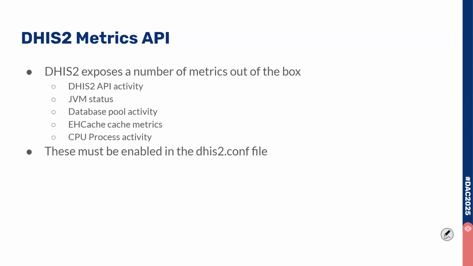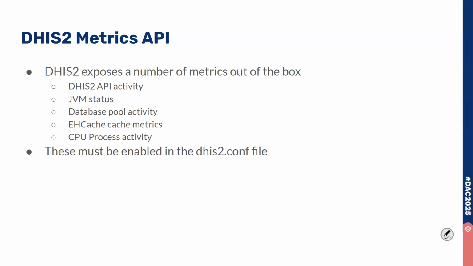DHIS2 exposes a number of very useful metrics out of the box that can be basically scraped, collected. Scraped is normally the terminology we use when talking about collecting metrics into various tools, particularly Prometheus and Grafana, which Tito will show us in a minute.